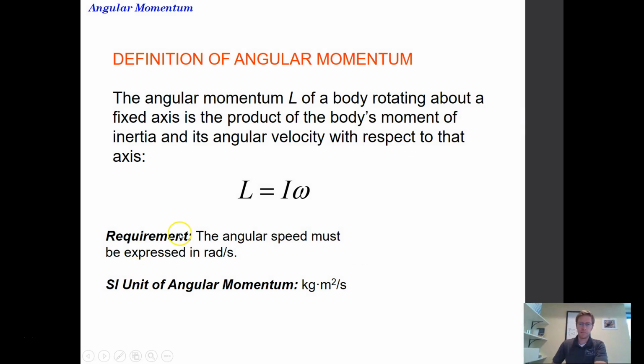So angular momentum is equal to I times omega. Keeping in mind, as always, we must make sure that we're using radians per second for our angular velocity, and the units for I, moment of inertia, don't forget kilograms times meters squared.